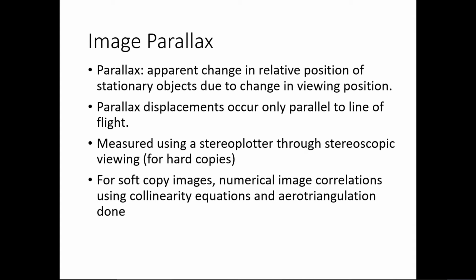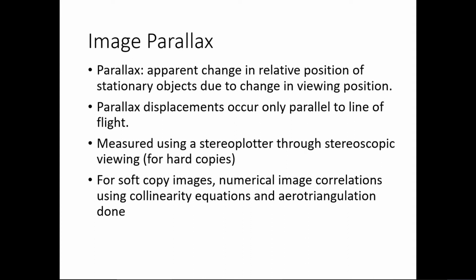For hard copies, nowadays you get all these soft copies, so that's not a big deal now. But in earlier days they used to view this through a stereoscopic viewer and calculate the image parallax. For soft copy images in the current scenario, you have a lot of numerical image corrections. You can stretch the image, you can scale the image, and you have corrections like collinearity equations, aerotriangulation, etc., to correct this image parallax.